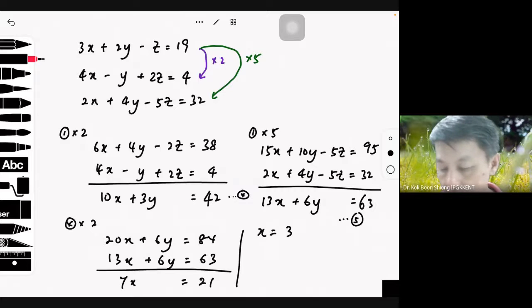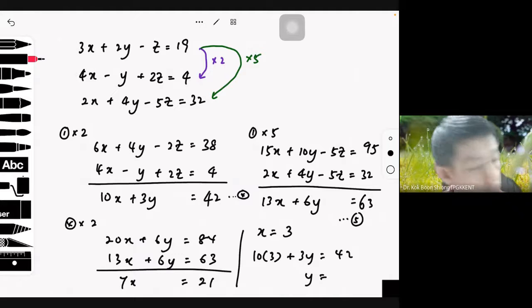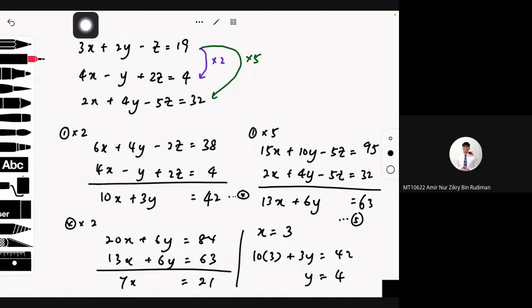Let's say we substitute into the fourth one. So y is equal to what? 4.